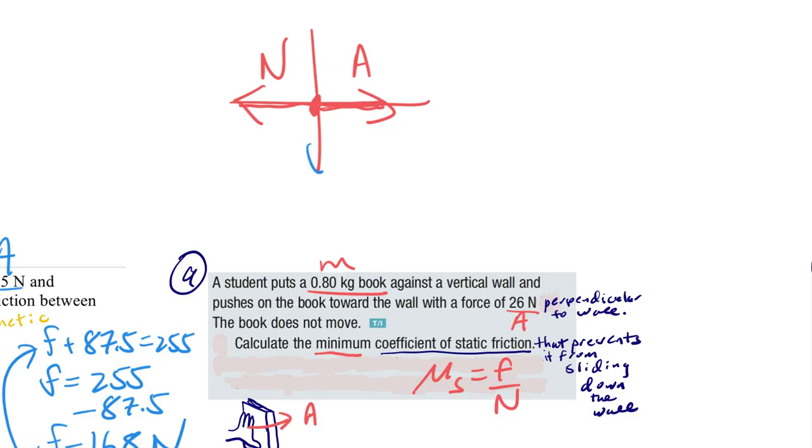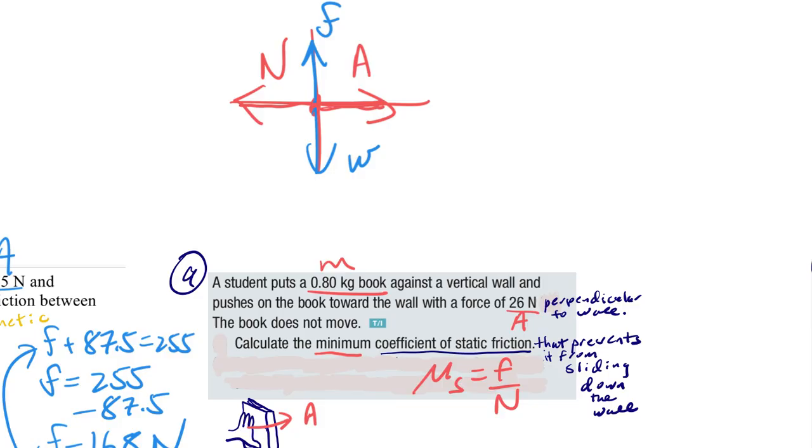Then there's the weight of the book, and then there's the friction. And those must equal each other, or else it'd be sliding down the wall if there's not enough friction.